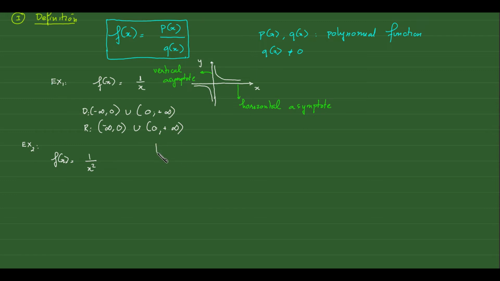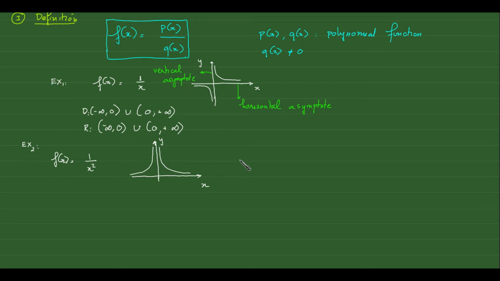The graph for this one will be something like this. This is the x-axis and this is the y-axis. The graph goes up like that, and we have another branch going down like this. In this case, the x and y axes are also vertical and horizontal asymptotes.